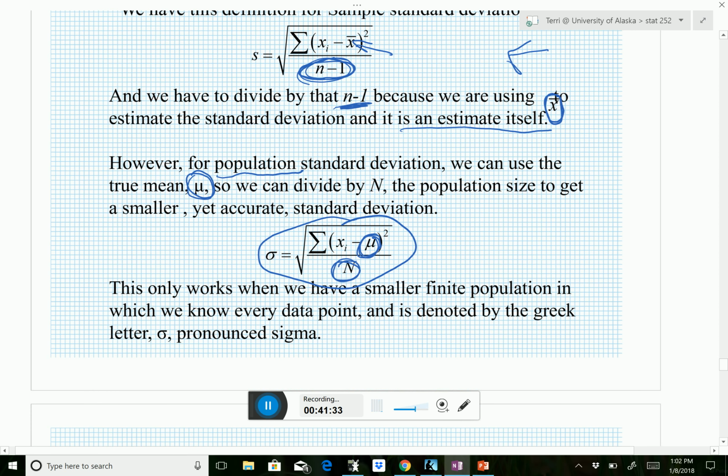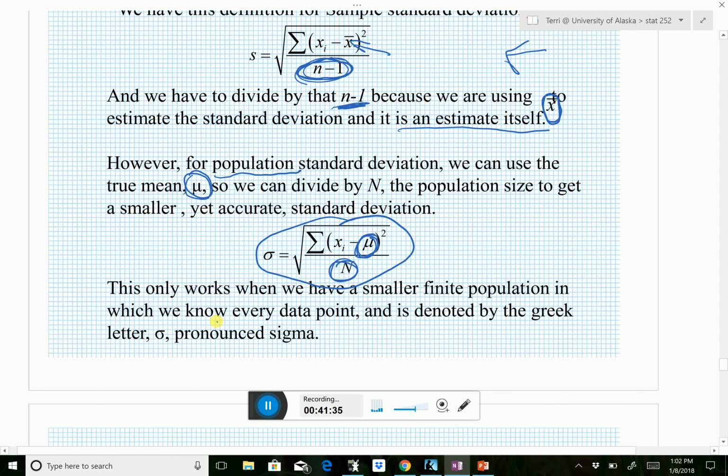Now, like I said, we have to know every single data point. We have to be able to get the true mean in order to get this. So this is denoted by the Greek letter sigma, and this is a lowercase sigma. Like I promised, we're going to use both upper and lowercase sigmas in this case.